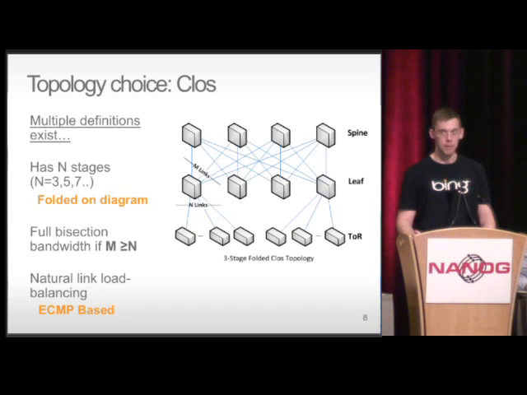So this topology provides full bisection bandwidth as long as your number of uplinks, M, from the leaf switch is more or equal to the number of downlinks going down to your, say, top of rack or end of row switches. We use top of rack only, so this is why you see the top of rack layer on the diagram.